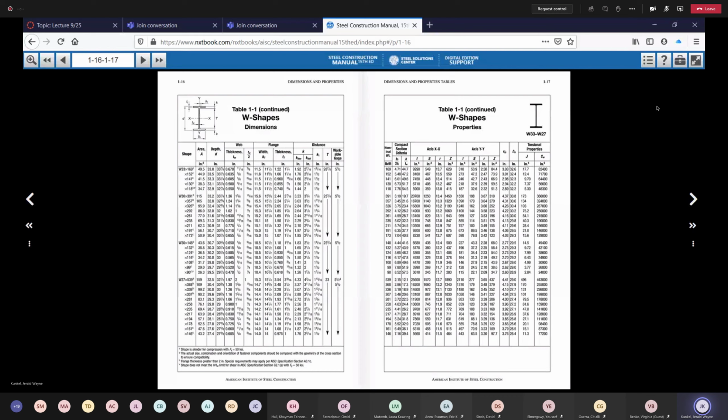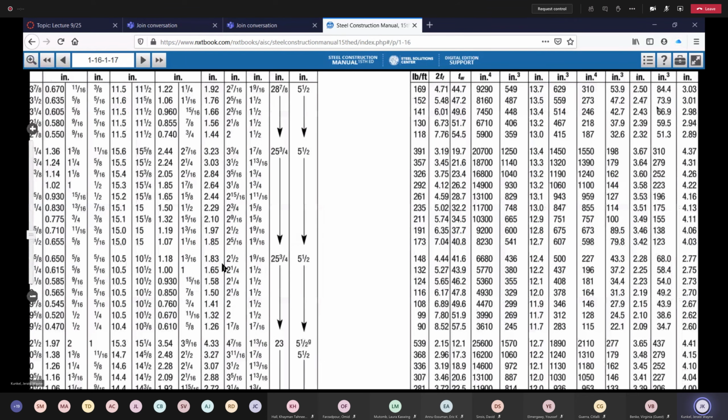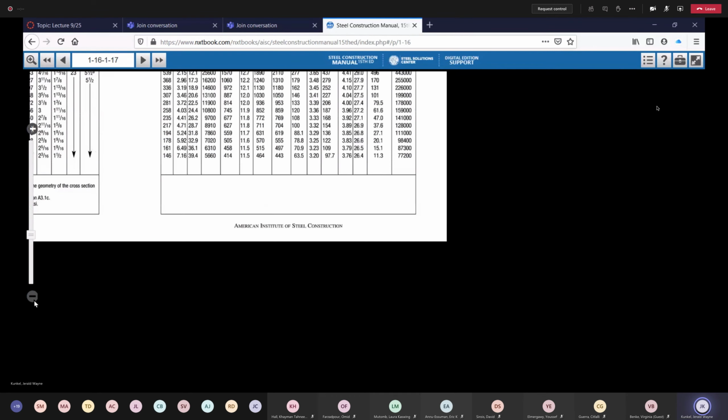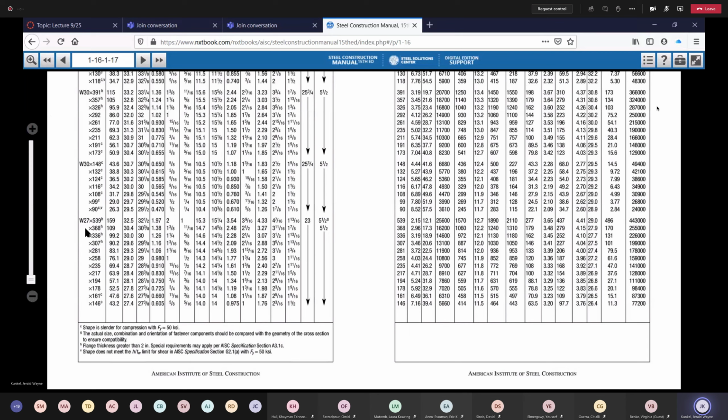Okay, here's the steel manual, and we'll zoom in a little bit. Not quite that much.